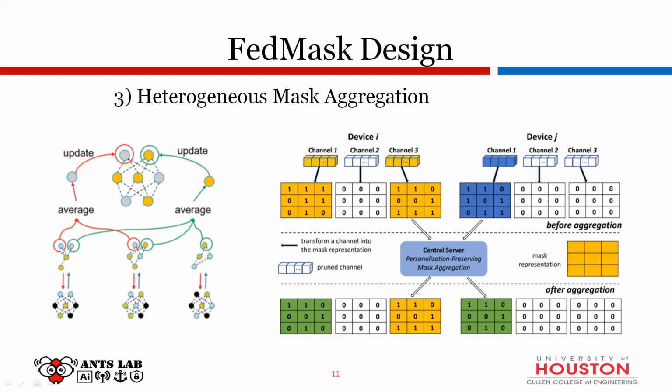So if these 4 represent those 4 in this mask, the server will get the position and the value for these, and they will compare with others, and those that didn't get transmitted, they will just replace with zeros.